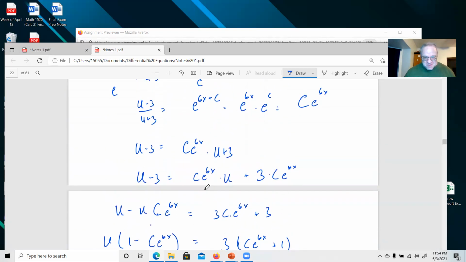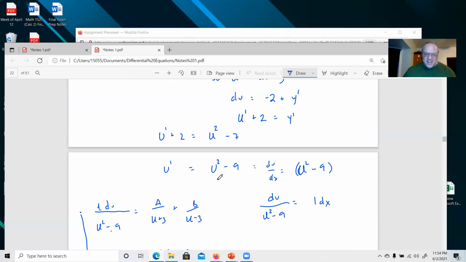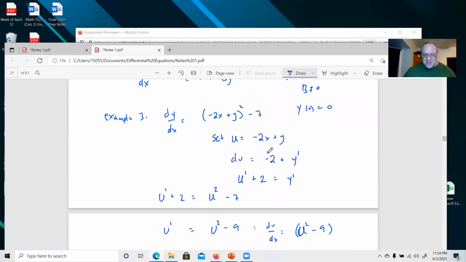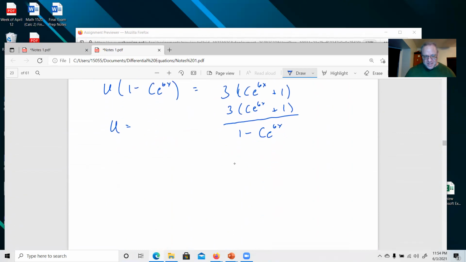Okay, so if we go back up to here, what the heck was u? U was negative 2x plus y. Thank goodness. Negative 2x plus y is equal to this mess: (3c e to the 6x plus 3) over (1 minus c e to the 6x).